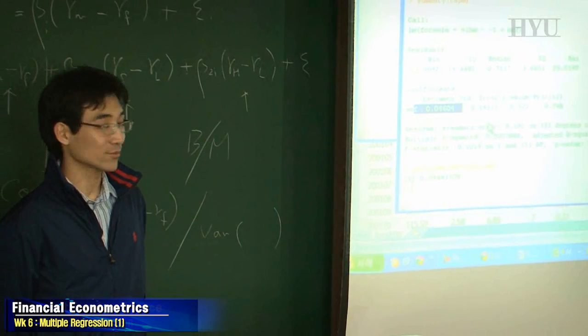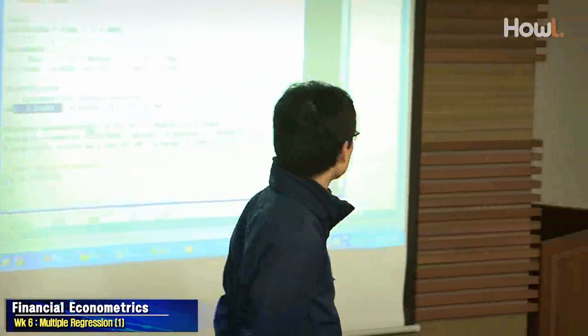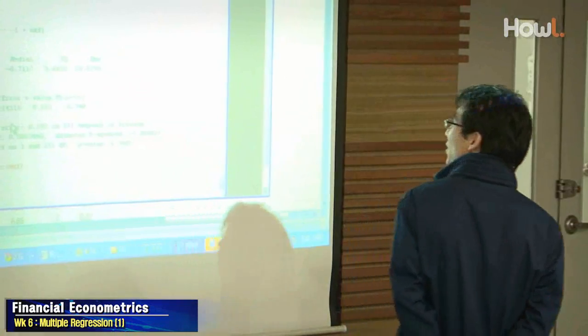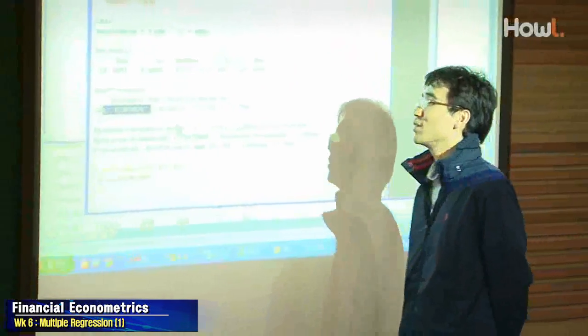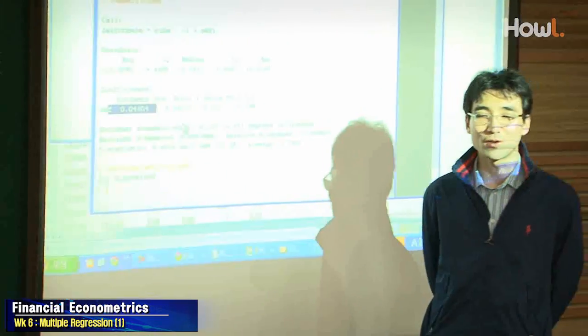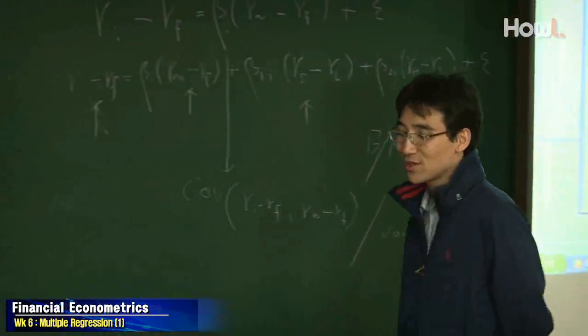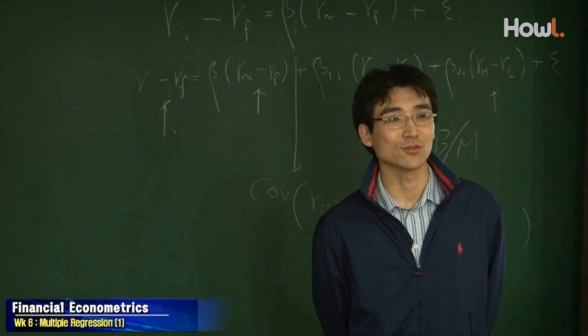I have a question. Then when is the t-value significant? When the t-value is significant, it depends on the degree of freedom. We actually learned this last week. Of course we have a very large data set. The t-value is like a z-value.